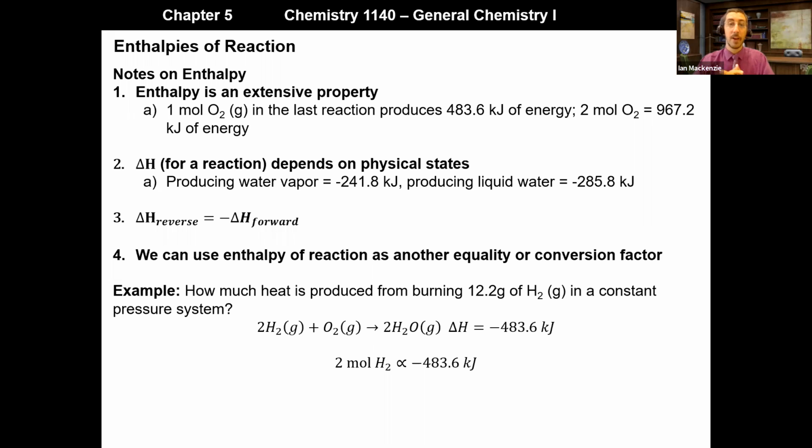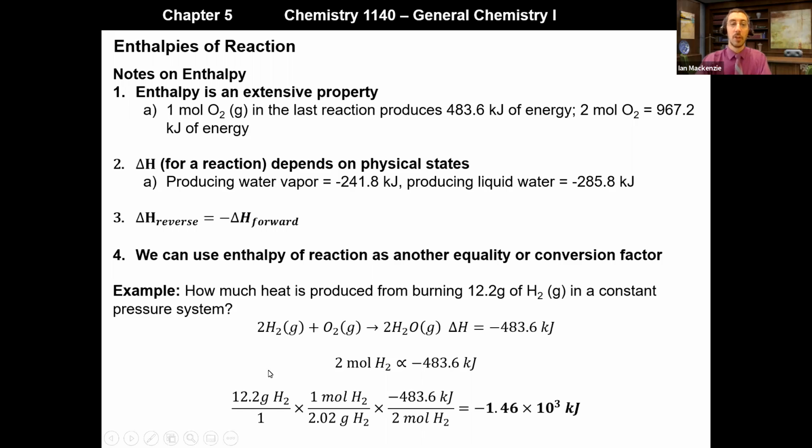So if I want to know how much heat is going to be produced from burning 12.2 grams, well, if I can find out the number of moles of hydrogen, then I can use the relationship between moles of hydrogen and enthalpy to cancel out moles of hydrogen and find the final enthalpy value.